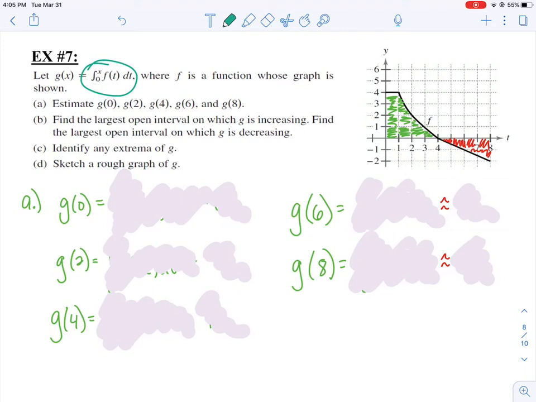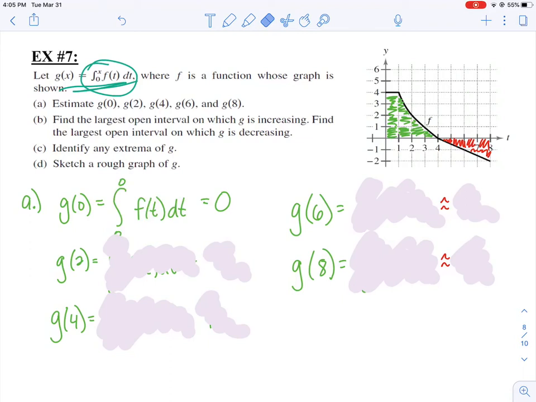And so we have a couple different parts here. Part A asks us to estimate g of 0. Well, g of 0 is really the same thing as the integral of f from 0 to 0, isn't it?